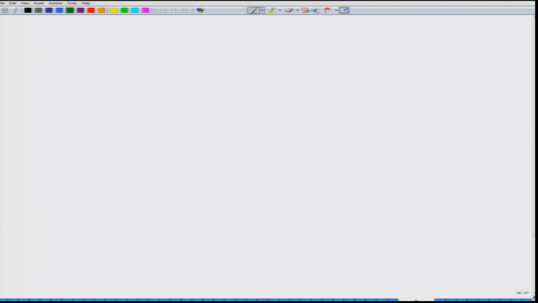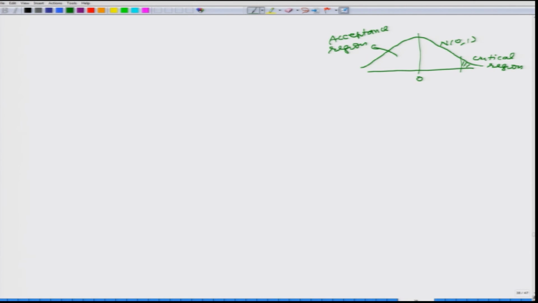We know that in the case of a test of hypothesis, if I try to draw the distribution, the entire curve is divided into two parts. One is the critical region, and another is the acceptance region. Here the mean is 0, and this is the curve of normal 0, 1. Depending on the alternative hypothesis, I can frame different types of decision rules.